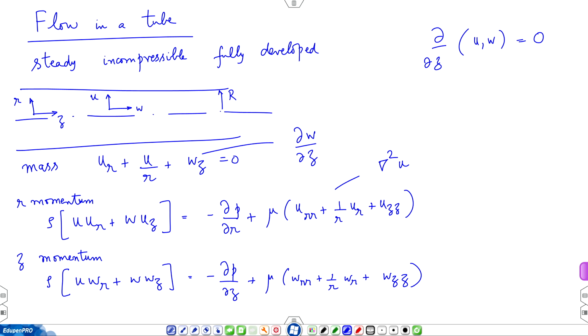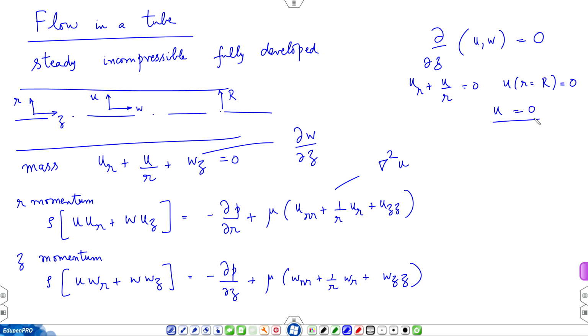If that is the case, then you get u_r plus u over r equal to 0 from the mass balance equation, subject to the boundary condition that the radial velocity on the wall is 0, the normal velocity component, there is no flow penetrating or piercing the wall. So, that gives you u equal to 0.